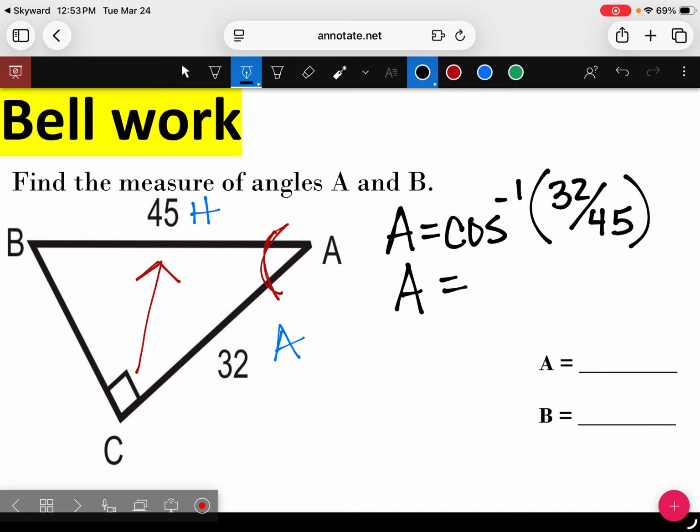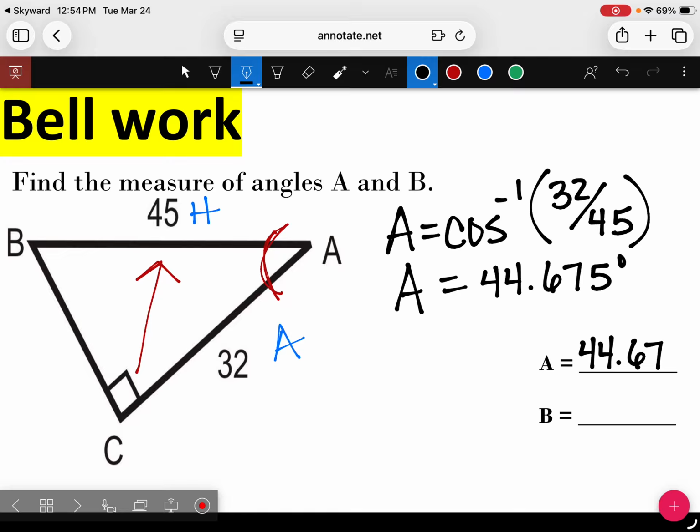Inverse cosine 32 over 45, and I get 44.675 degrees. Anybody else get that?